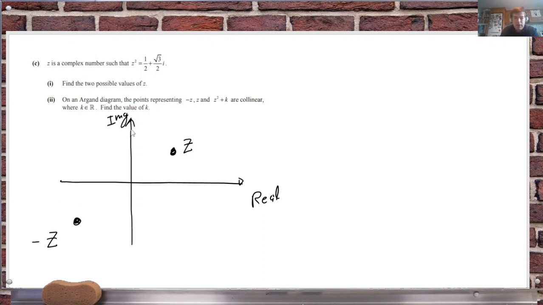So whatever this length is here, it'll be the same on this side, and whatever height this is here, it'll be the same on this side here. So this is a 45-degree line. Perfectly 45 degrees. Now, the z squared plus k then, that's going to be somewhere here. Collinear means they're all on the same line.